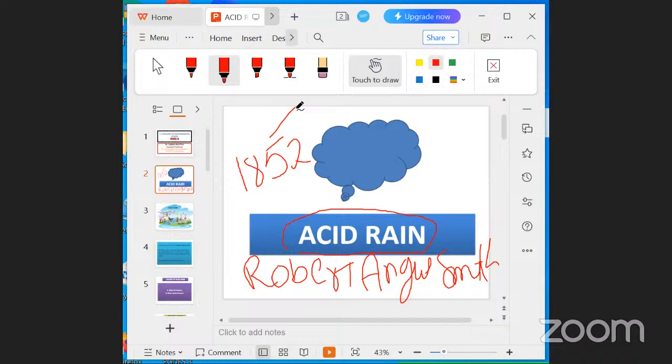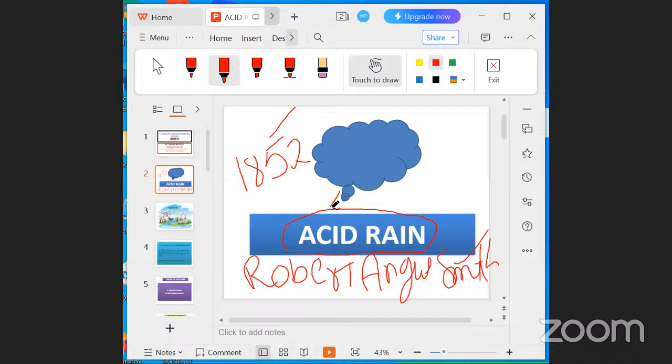According to the Royal Society of Chemistry, which calls him the father of acid rain, Smith decided on the term while examining rainwater chemistry near industrial cities in England and Scotland.